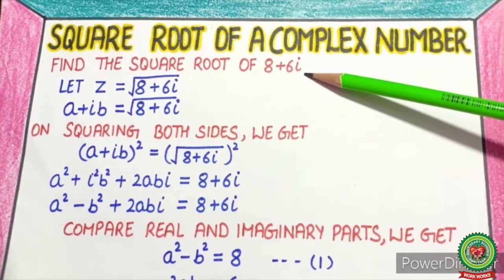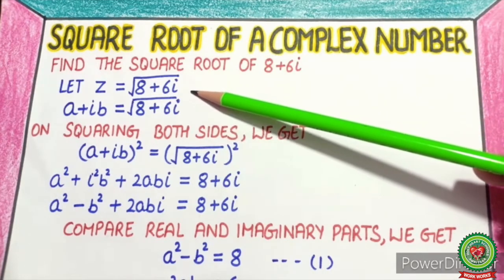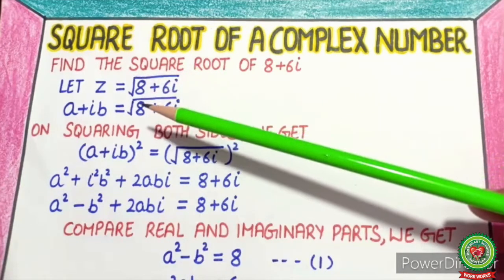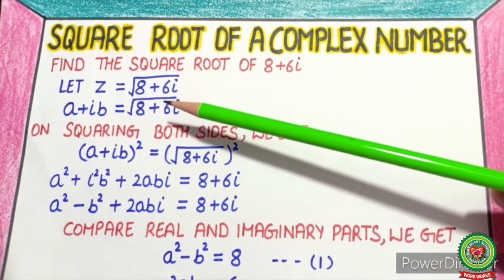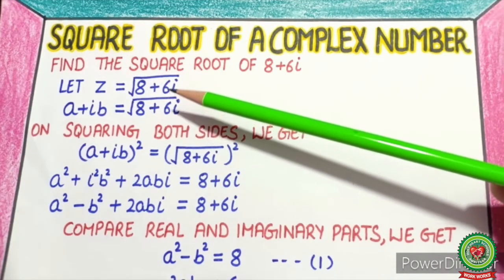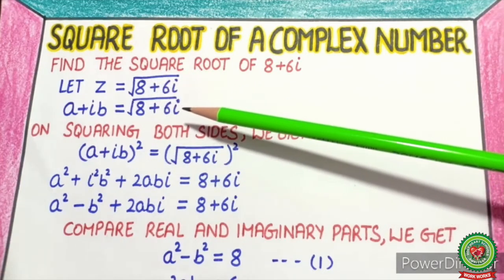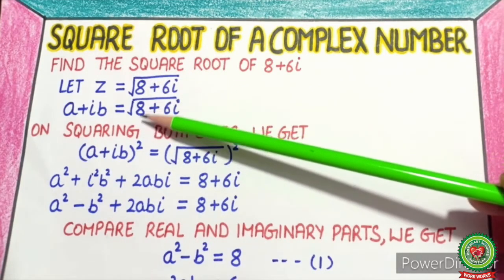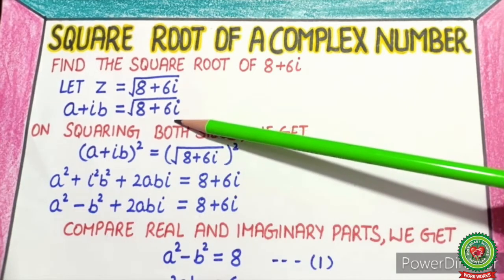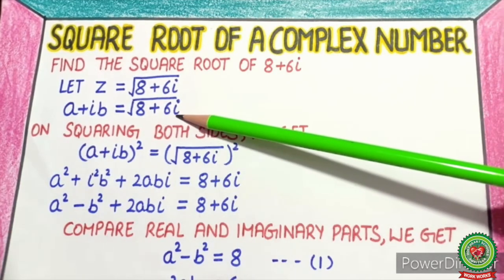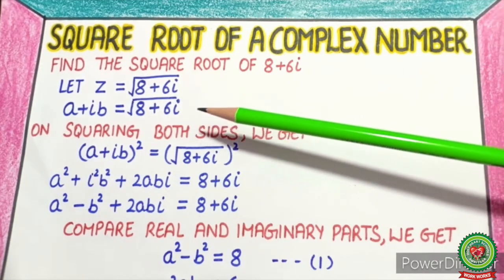First of all, let the square root of 8 plus 6 iota be equal to z, because z is a complex number. As we know, the value of z is a plus iota b. So a plus iota b is equal to the square root of 8 plus 6 iota.